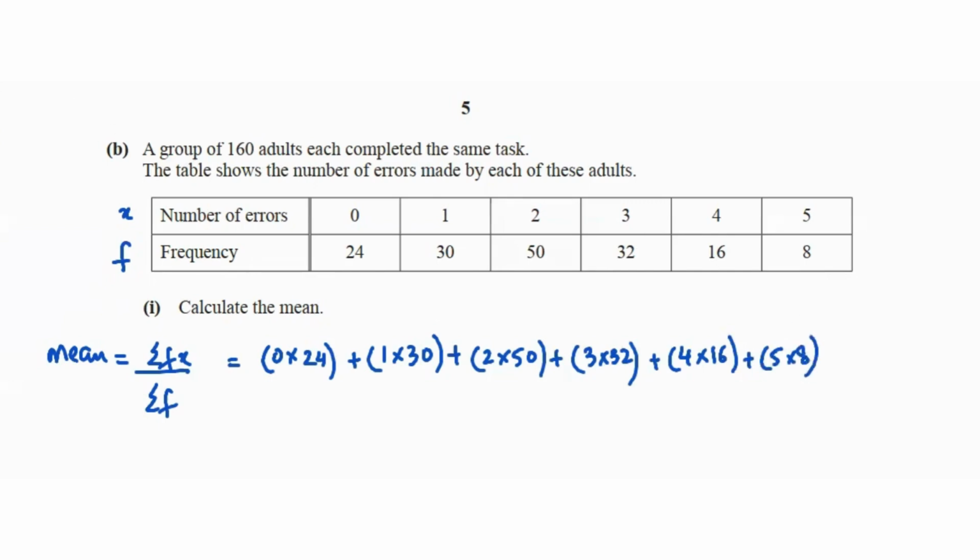And this entire thing is going to be divided by our total frequency, which is given as 168. So all of this is going to equal 2.06. You'll just plug this in the calculator and you have the exact same answer.